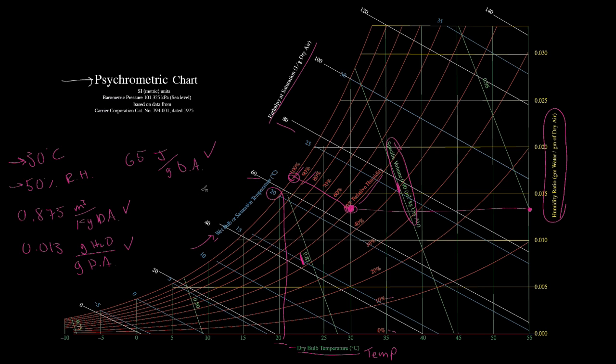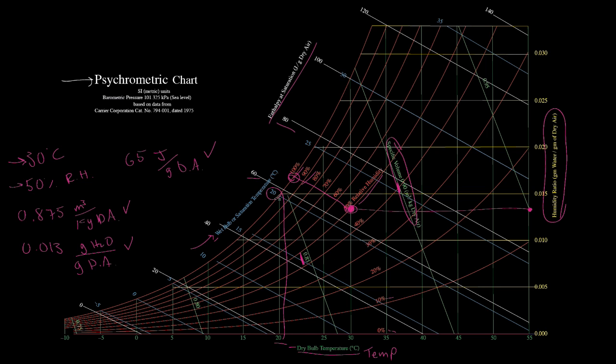There are different types and different styles of psychometric charts, but they effectively all have the same information. Some might have a little additional, some might have a few more lines, but effectively all we would do is lock in our position by the intersection of two lines, and then to read the information back to the axes, we would have to go parallel based on the direction that each is plotted.